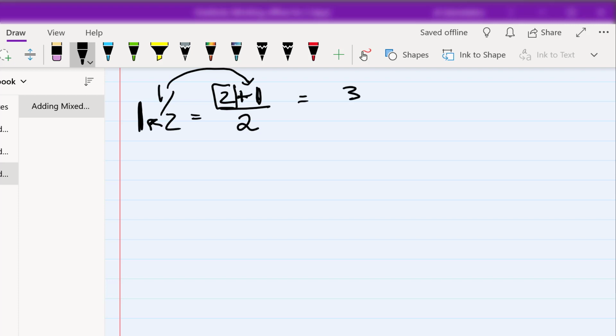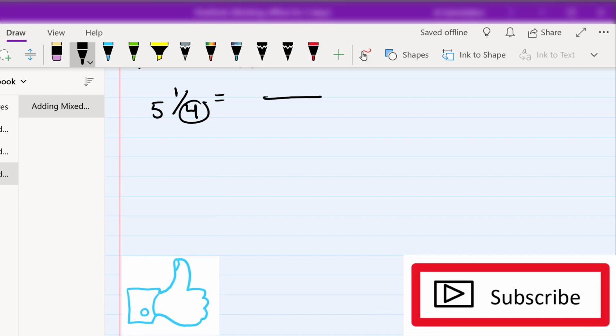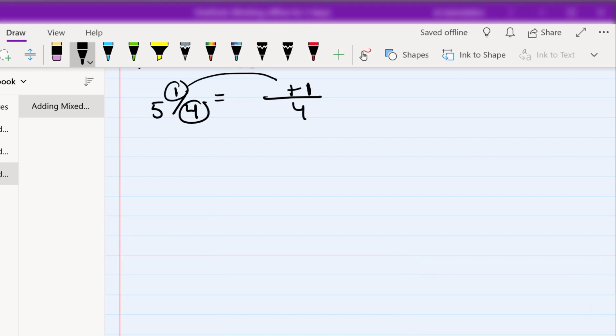So we have 3 over 2. Suppose I wanted to convert 5 and 1/4 into a fraction. Well, we write the denominator 4, we write our numerator 1, and then to get this part, we simply multiply the whole number by the denominator. 5 times 4 is 20. So we have 20 plus 1 is 21 over 4. Isn't that a neat trick?